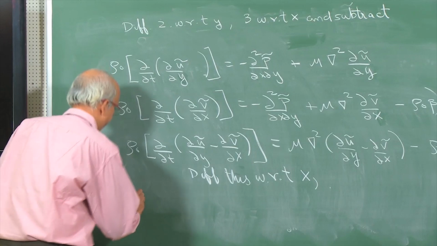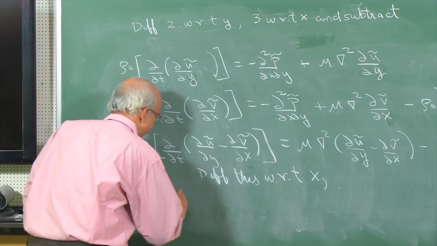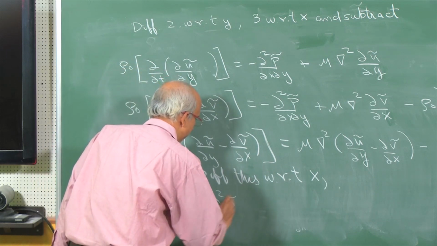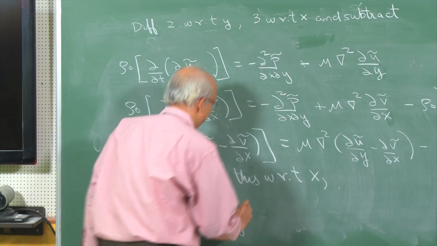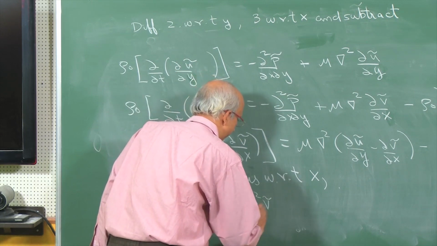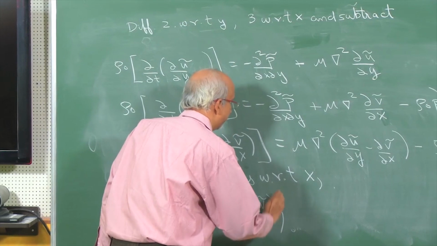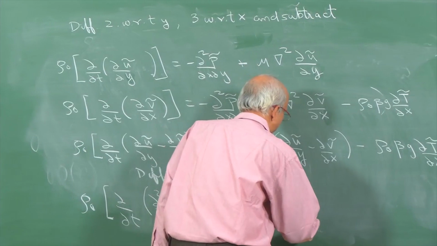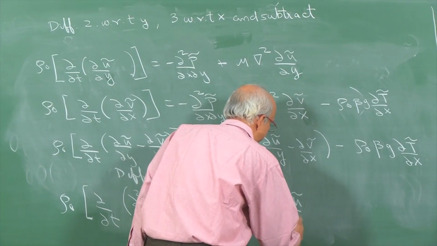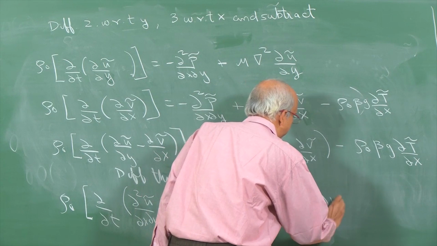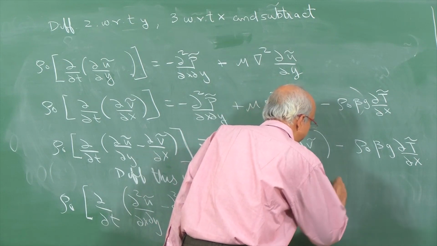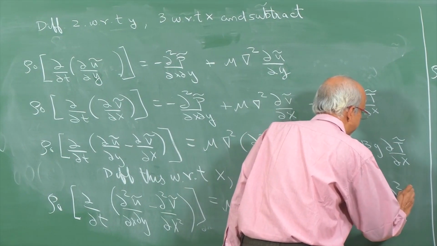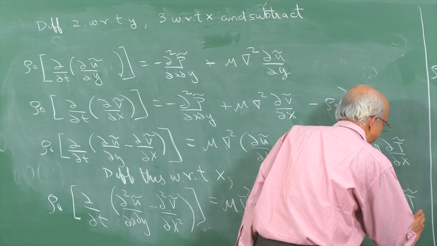If I do that, I get rho naught times d by dt of d square u tilde by dx dy minus d square v tilde by dx squared equals mu times del square of d square u tilde by dx dy minus d square v tilde by dx squared, minus rho naught beta g d square t tilde by dx squared.